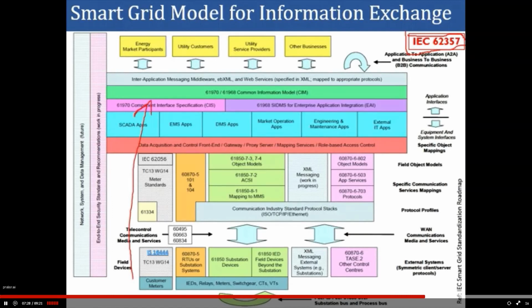The data is packed into various protocols and then shared with the communication front end, which is there at the control center, and then it is shared with various OT applications, and the output of the OT applications is converted into a standard data format using the common information model, and then this information is shared with the enterprise service bus.